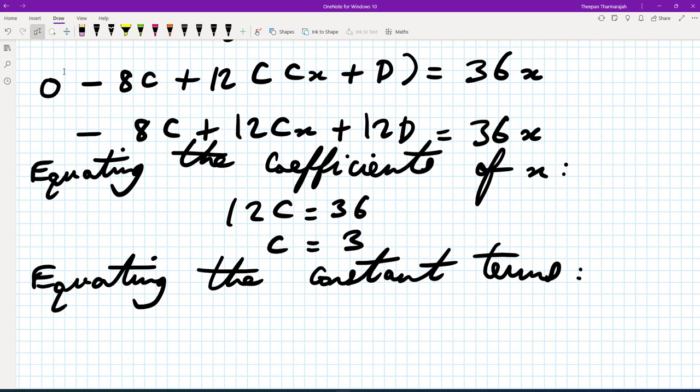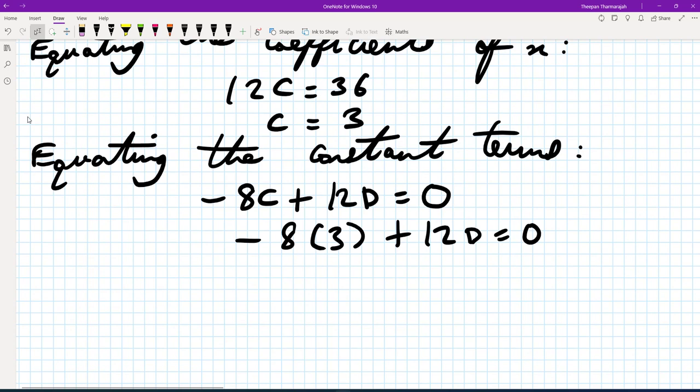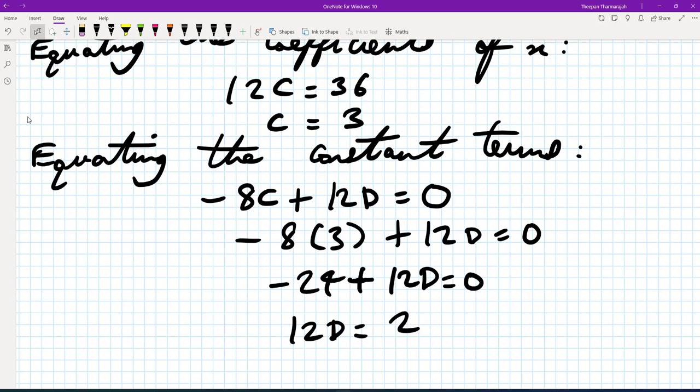So we're going to get minus 8 times c plus 12d. There isn't a constant term, so we get 0. So minus 8 times 3 plus 12d equals 0. Minus 24 plus 12d equals 0, 12d equals 24, d equals 2.